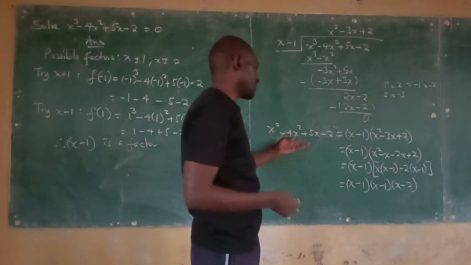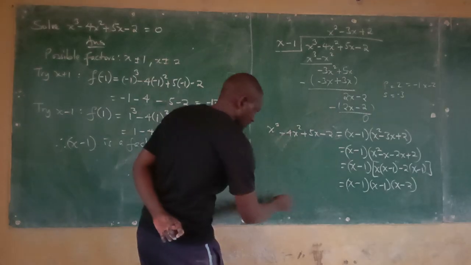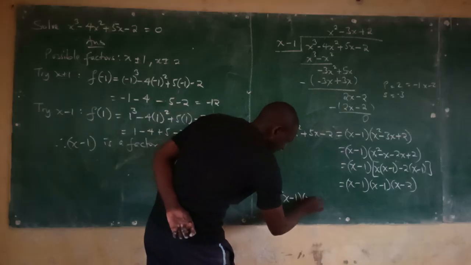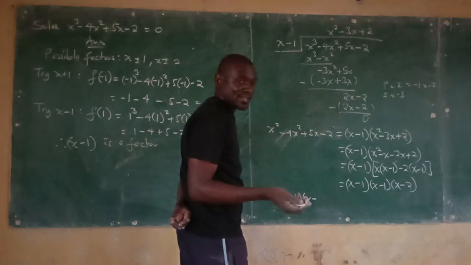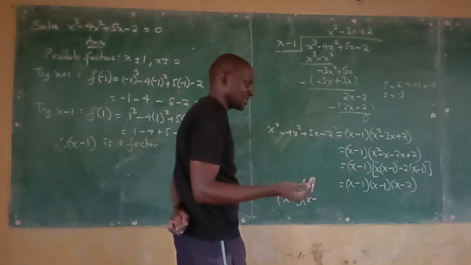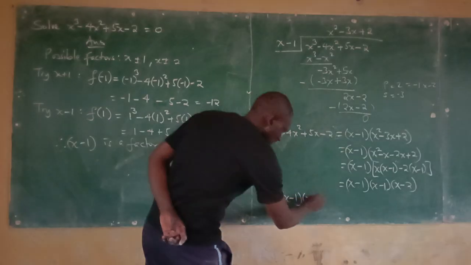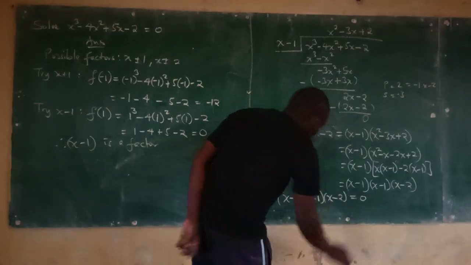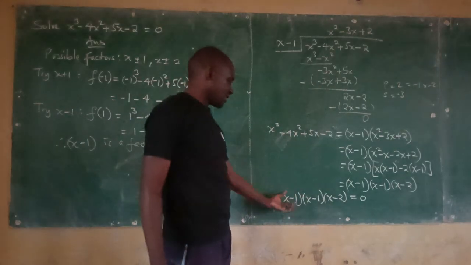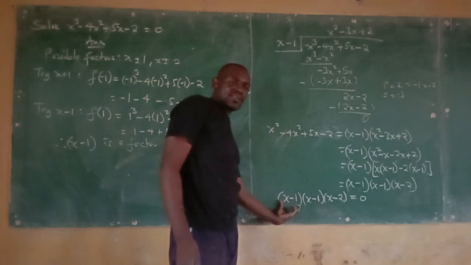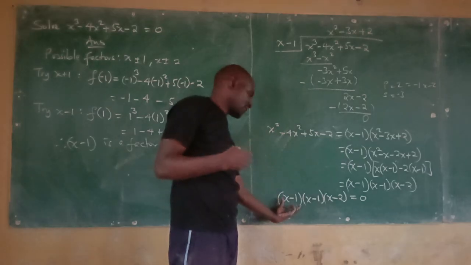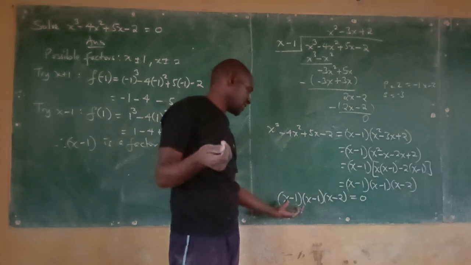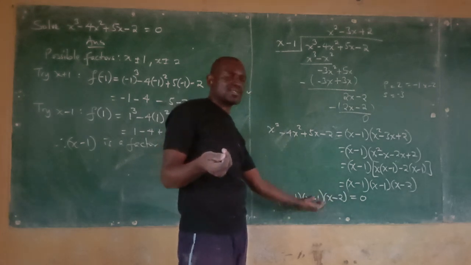Then we have to equate it to 0: x minus 1, x minus 1, x minus 2 equals 0. Since x minus 1 is the same, instead of repeating it, I may just speak it once. We just find the zeros. Using the factor law, because if numbers are multiplied they give you 0, it means either this one is 0, or that one is 0.